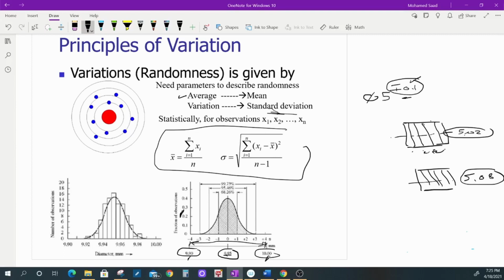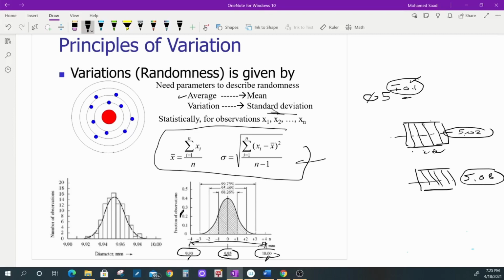For the standard deviation, you use this equation: sigma of (xi minus x bar) squared, divided by n minus 1, and then the square root, where x bar is the average calculated here. So every single measurement that you made minus x bar is squared. It's very important to be familiar with the average and the standard deviation.